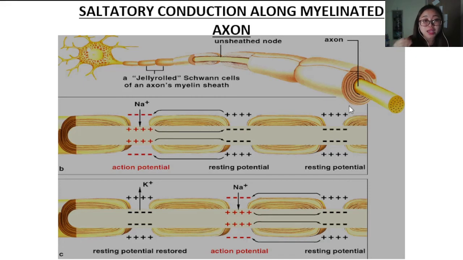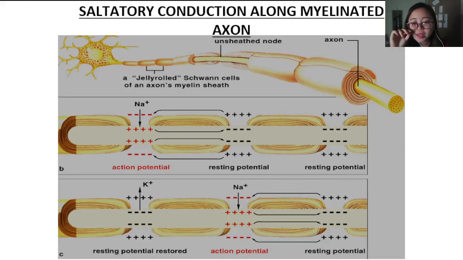Dia macam kamu naik tangga satu demi satu step. Tapi kalau kita ada myelin, okay, if you have myelin on your axon, you have these nodes of Ranvier, you will have this saltatory conduction where it's like, okay, we have action potential here, and then it will skip the myelin, it will go to the next node of Ranvier, and then go to the next node of Ranvier.